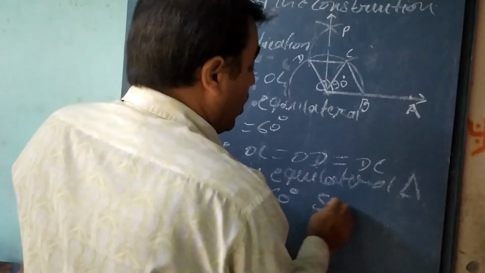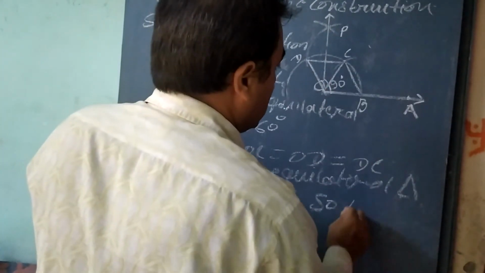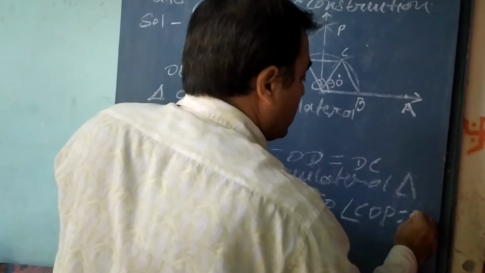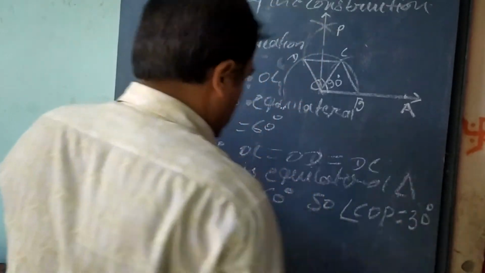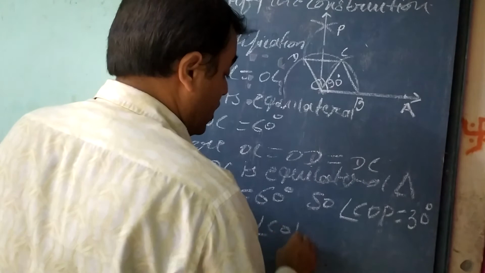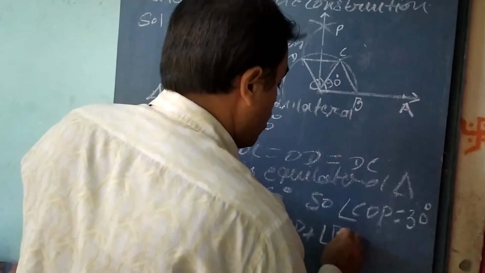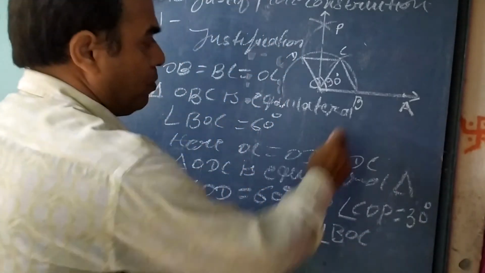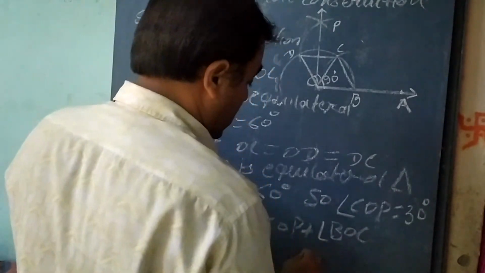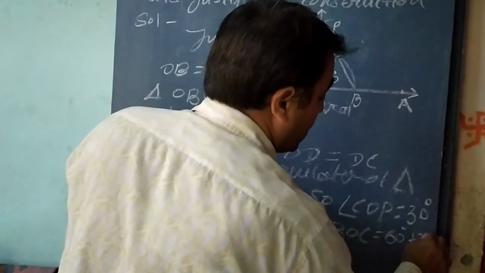So, as you can see, angle COP is equal to 30 degrees. Now angle COP plus angle BOC is equal to 60 degrees plus 30 degrees.